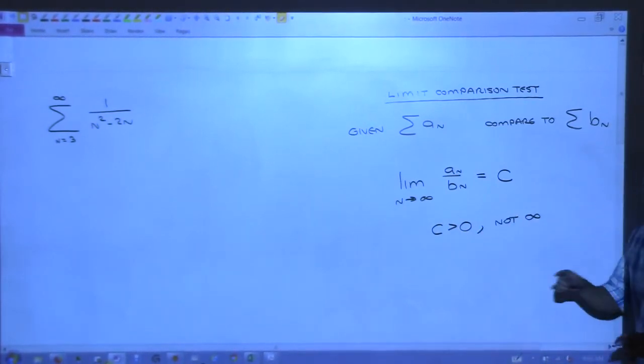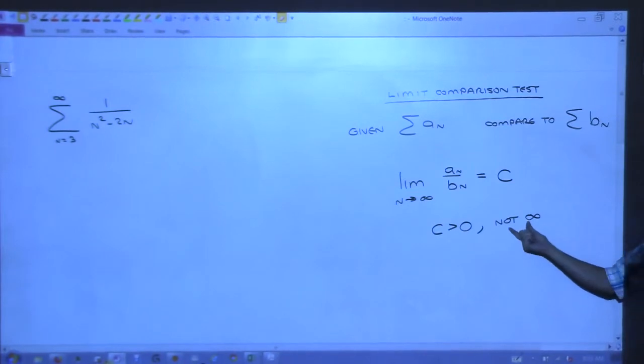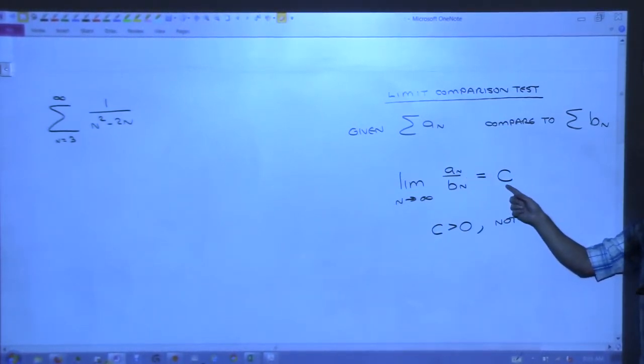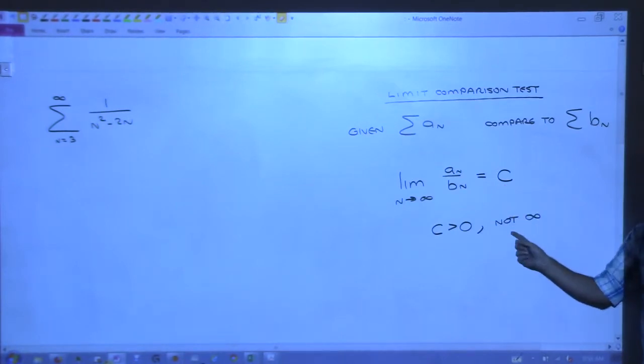Now the notes don't say that. You can put that on here. What the formula sheet says is that c has to be a positive real number. But basically that just means that this has to be a positive number and not infinity.